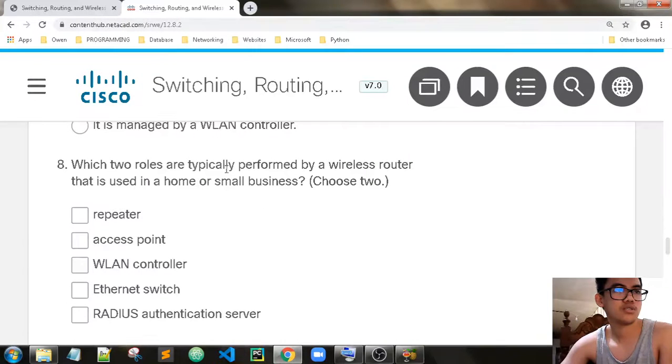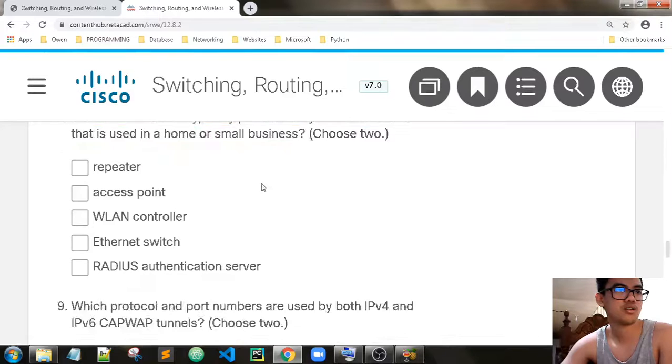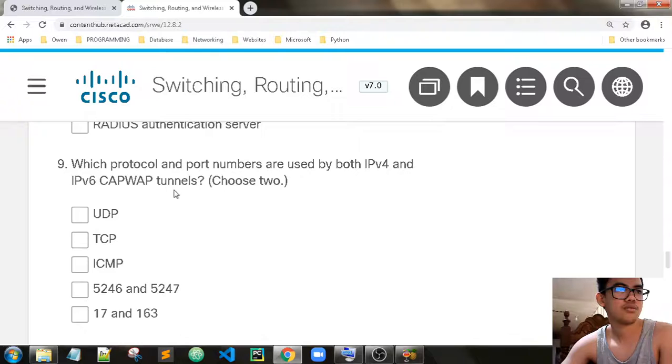Which two roles are typically performed by a wireless router used in home or small businesses? Access point and Ethernet switch. Which protocol and port numbers are used by both IPv4 and IPv6 CAPWAP tunnels?